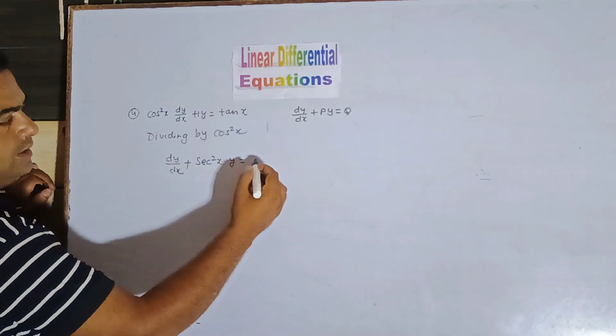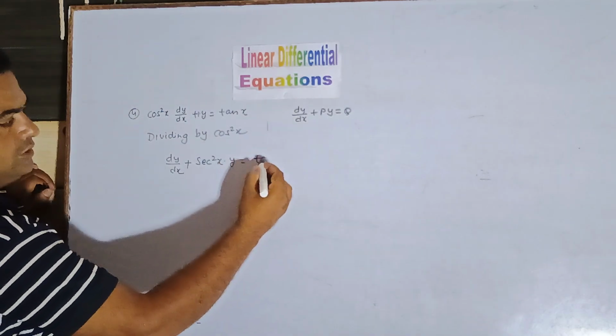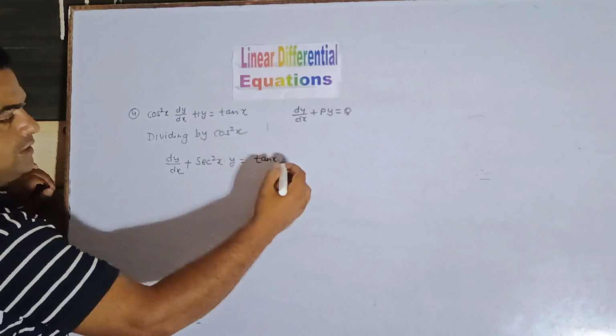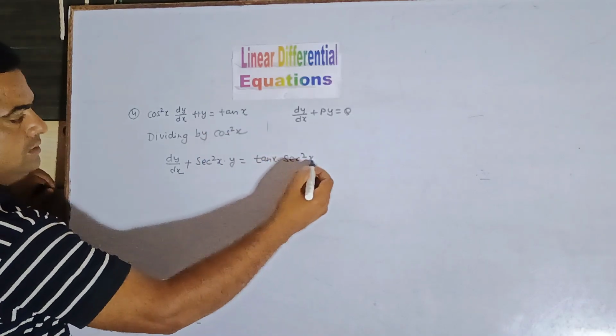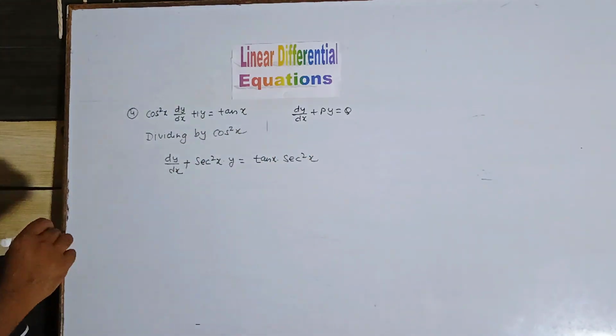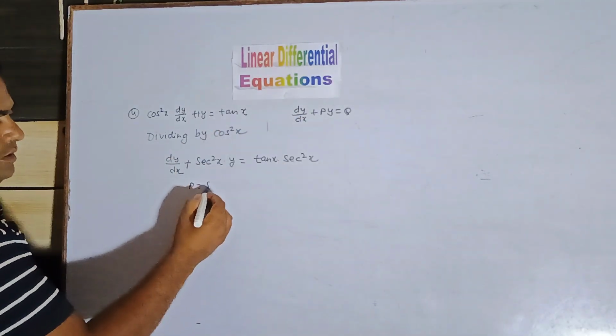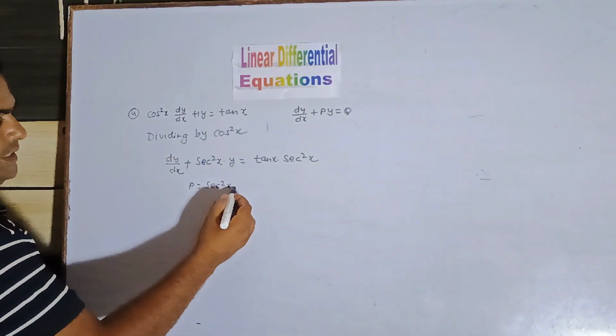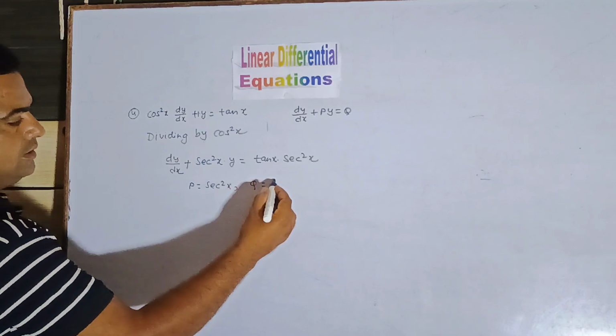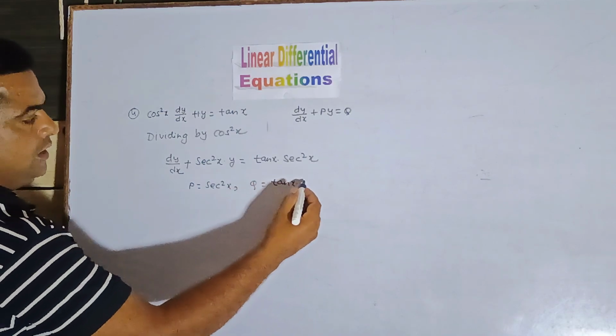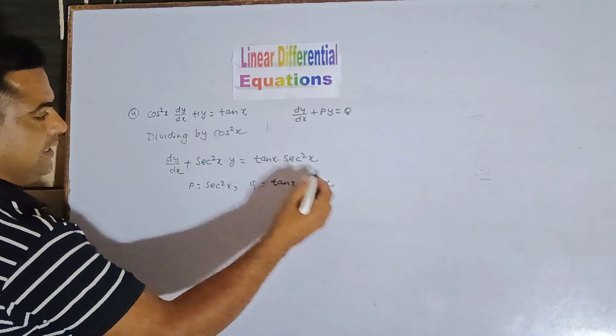So this will be tan x in the numerator and sec square x. Now comparing with the standard form, what is the value of p? p will be sec square x and q will be tan x into sec square x.